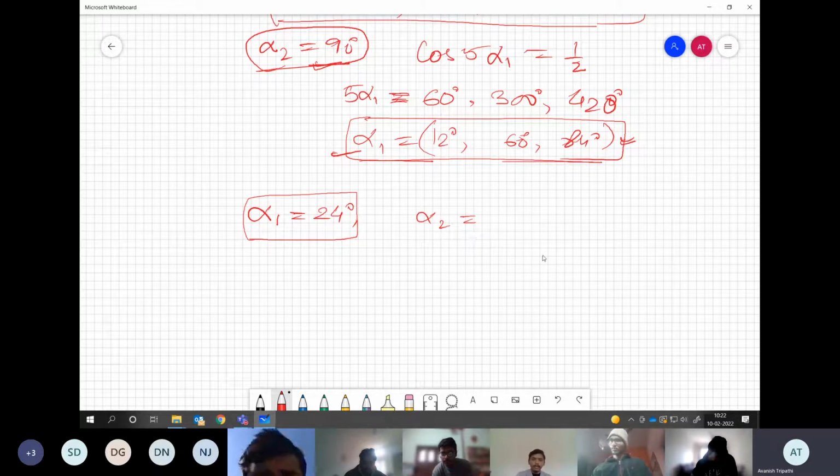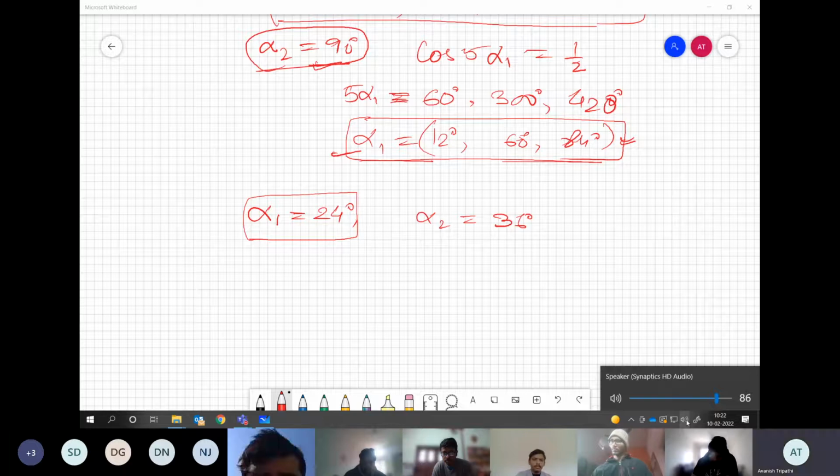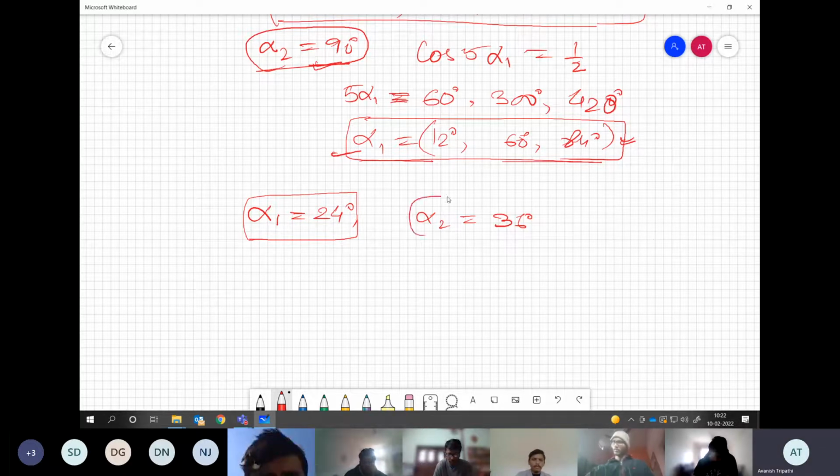A little louder. 36 degree. Any other option? No, sir. Okay, so this is a kind of unique solution you are getting corresponding to 24 degree.